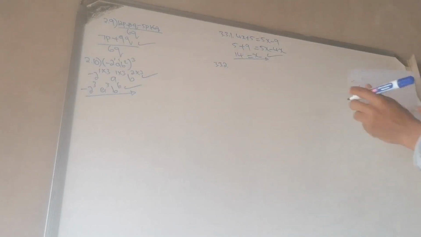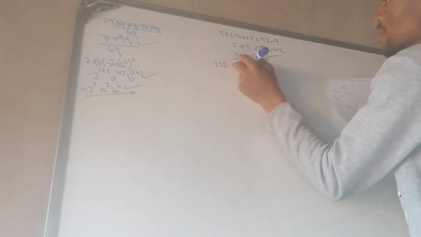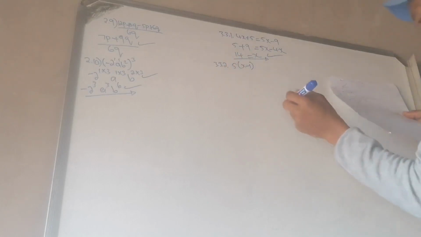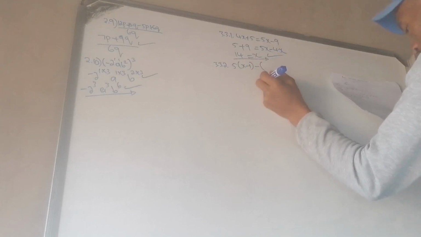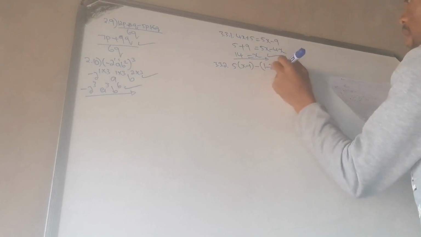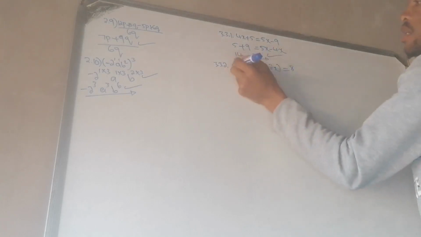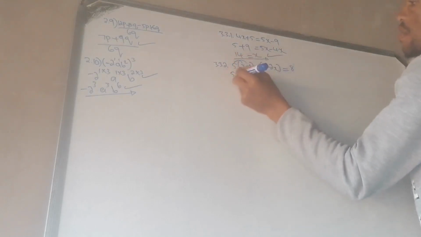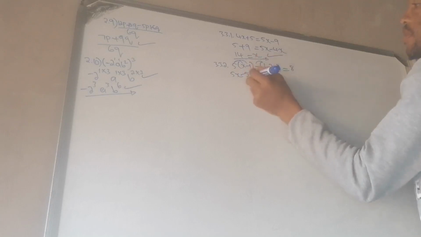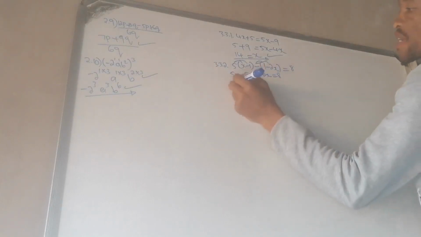3.3.2: 5 into x minus 1, minus 1 minus 2x equals 8. We are using the distributive law of multiplication. This is 5x minus 5 minus 1 plus 2x equals 8. 5x plus 2x is 7x.